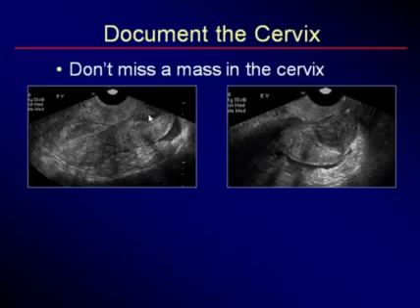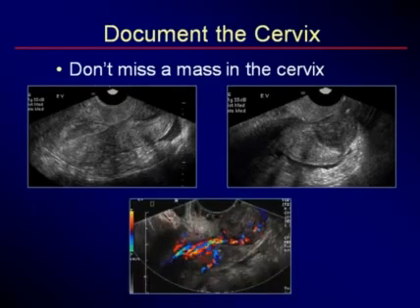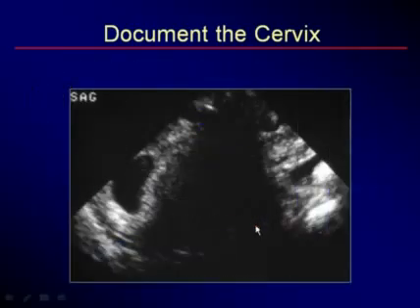The mass was here and we were only imaging a part of it because we were not seeing the complete fundus and we were not seeing the complete cervix. So we should start with the transvaginal view of the cervix. And in this case, Doppler showed that there was a large vascular pedicle to this, and this alerted the surgeon that there could be hemorrhage during removal of this mass.